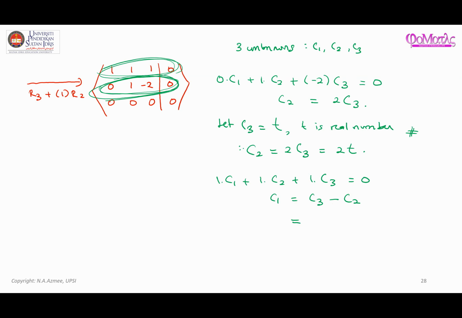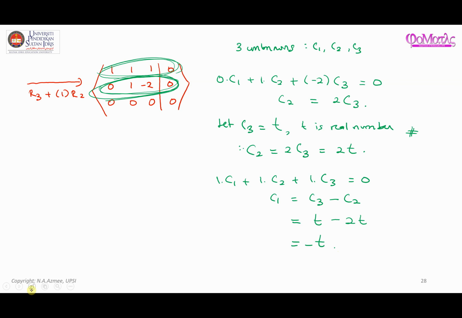So here we have c3, which is equal to t, minus c2, which is 2t. t minus 2t, therefore this is equal to negative t.